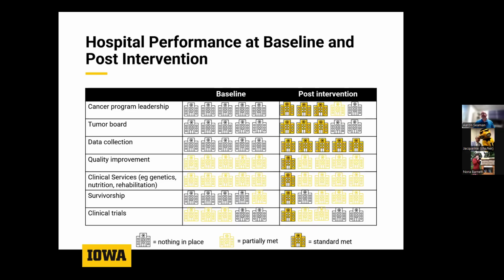And then clinical trials: working on moving them toward that accrual goal by facilitating relationships with existing trials and trying to better protocolize information about available trials that might be appropriate for their patients.